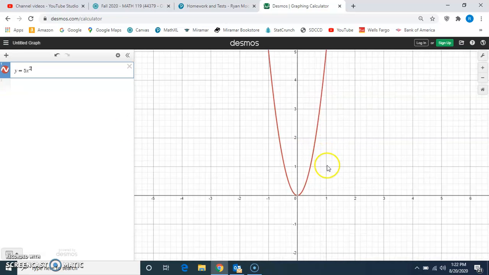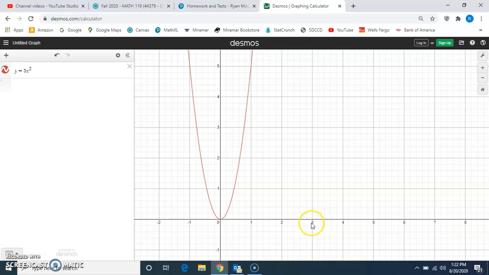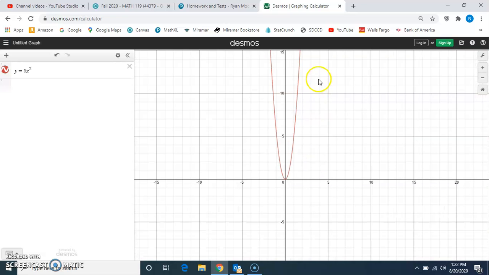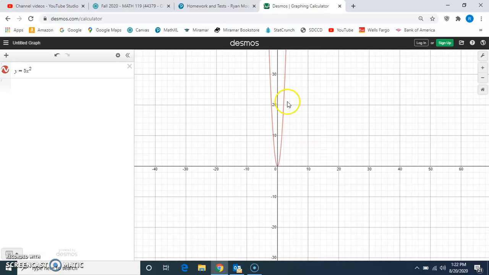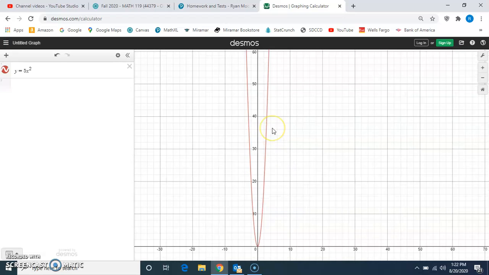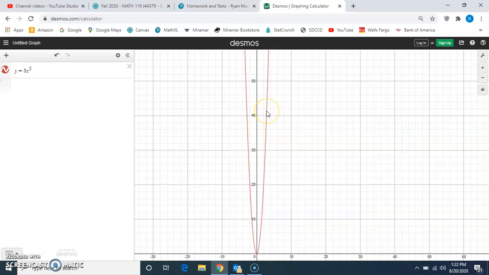And the question was, as x approaches 3, and as I zoom out, I can see, oh, 3 is going to be way up there. I think our answer was 45 to that one. And so we'll be able to see the point at 3, about right there.